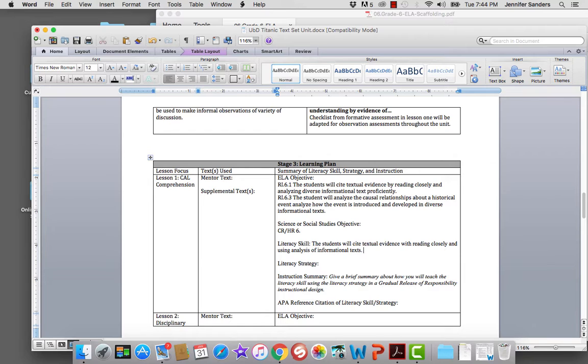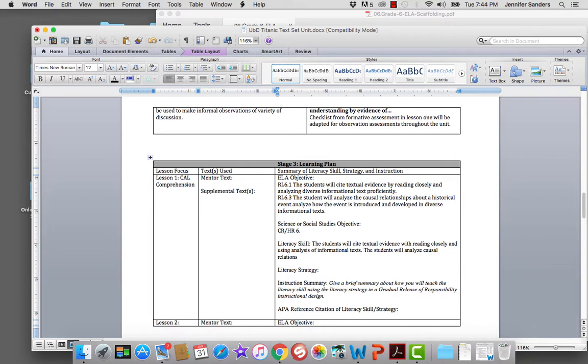But then I also want the students will analyze causal relationships among diverse text on the event Titanic. See, here you can actually put Titanic in there because you're in your lessons.